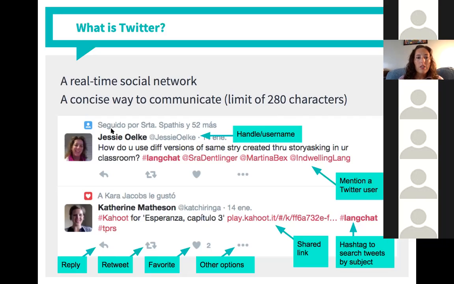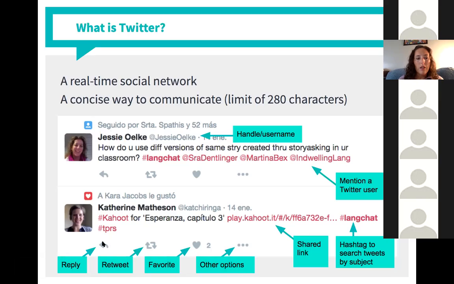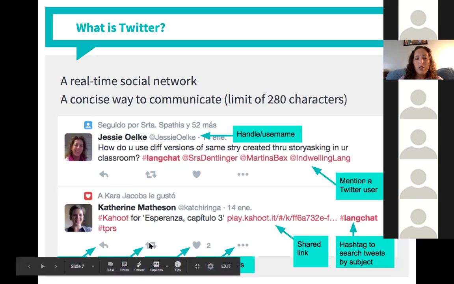One thing you might notice is that my Twitter is in Spanish. This is followed by Señorita Spathis and 52 more. This also helps me get more target language exposure for myself. Down here we have the icons for reply. Retweet just means to send out exactly what they said, a copy of it.